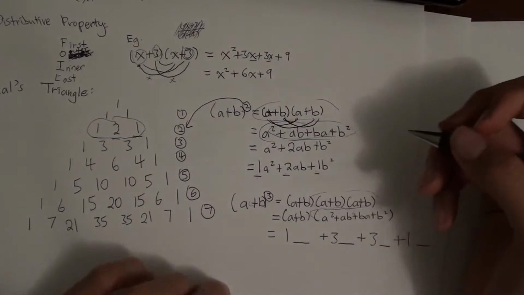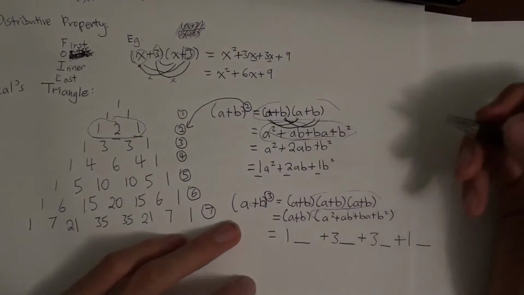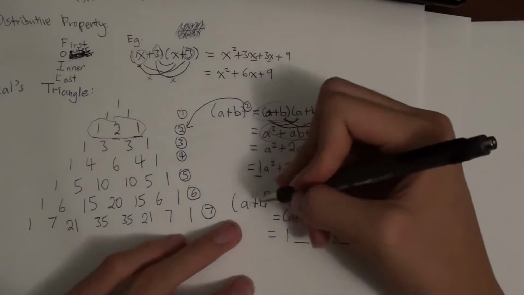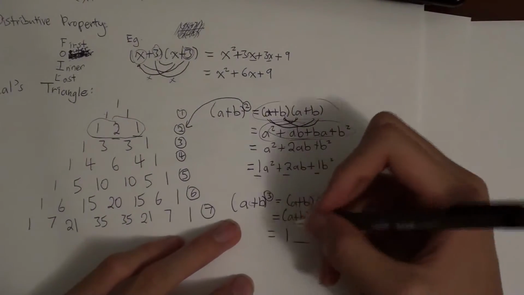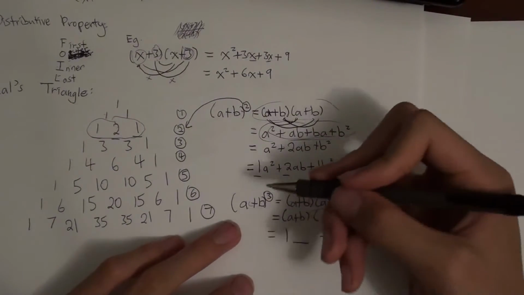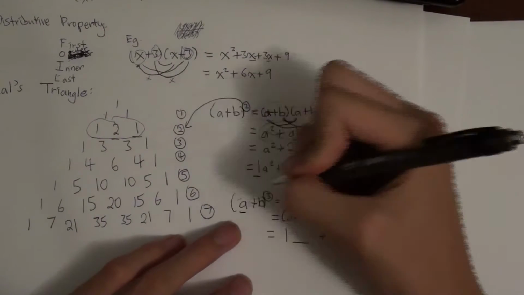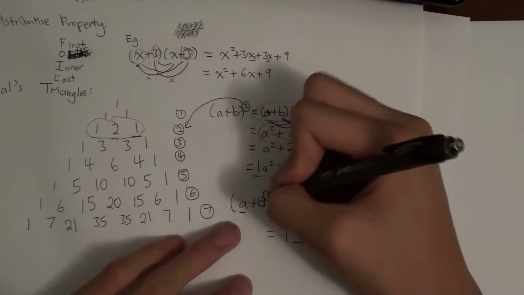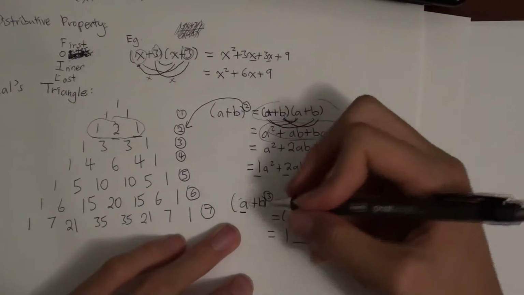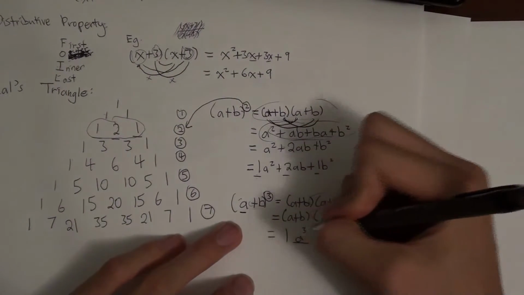Alright, so what I'm going to do first is establish a structure. So a to the power of 3 is a times a times a. What you would do first is raise the first variable to the power of this exponent right here. So that'd be a to the power of 3.